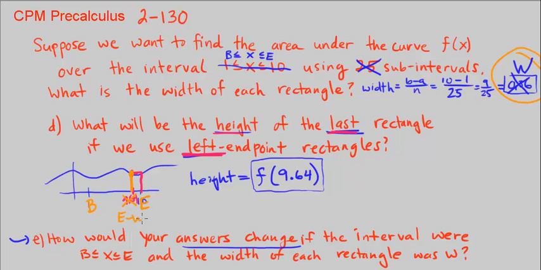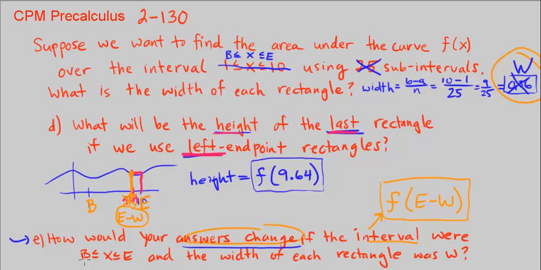So E minus W is this point right here, that x value. So the height is going to be given when we plug E minus W into our function f. f of E minus W. So when that's the input, that's going to give us the height of our function at that point. Okay? So that's kind of how you would look and change your answers.